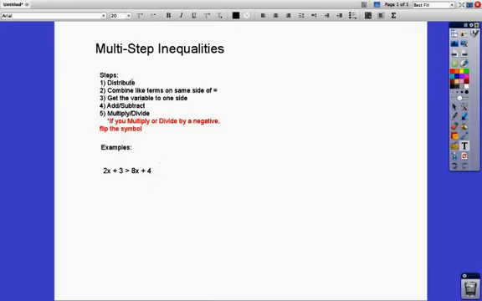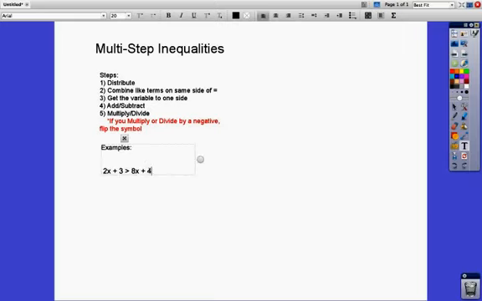So you would start out by distributing if you have any parentheses. You would combine like terms if you can. You would try to get the variable to one side, add and subtract, and then multiply or divide. And with the multiplying or dividing, the main thing you have to remember that's different from equations is that if you multiply or divide by a negative on both sides, you have to flip the symbol.